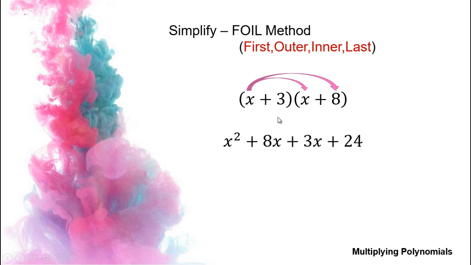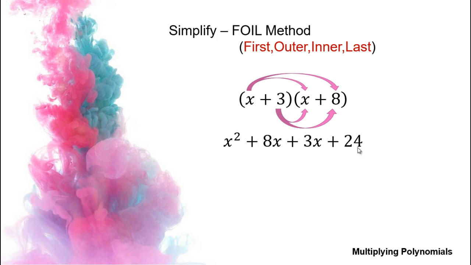So, that is 8x. Next, inner terms, 3 times x, that is 3x. It's positive, so that's why plus. Then, last terms, we have 3 times 8. They are both positive, so plus 24.